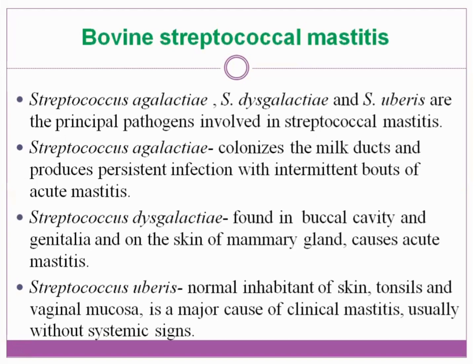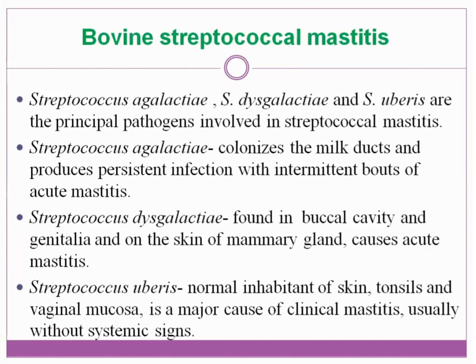Streptococcus agalactiae colonizes the milk duct and produces persistent infection with intermittent bouts of acute mastitis. Streptococcus dysgalactiae is found in the buccal cavity, genitalia, and on the skin of the mammary gland, and also causes acute mastitis.